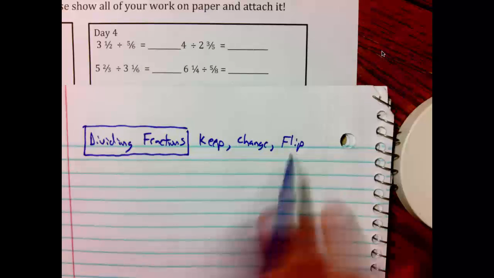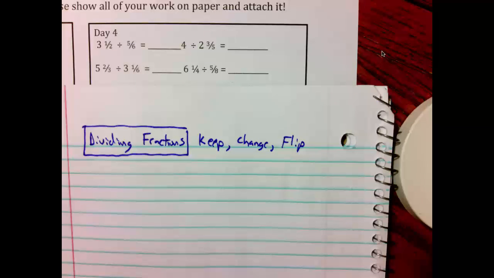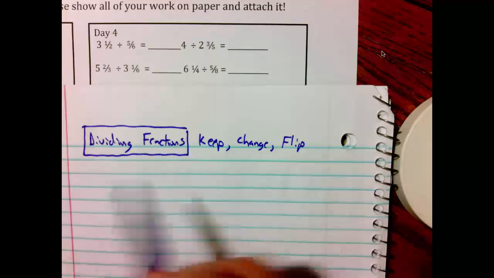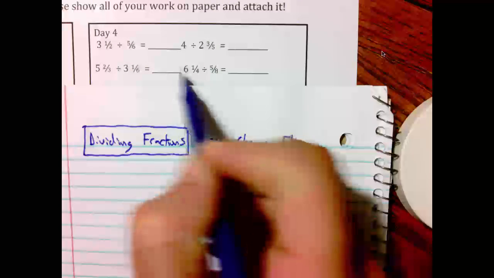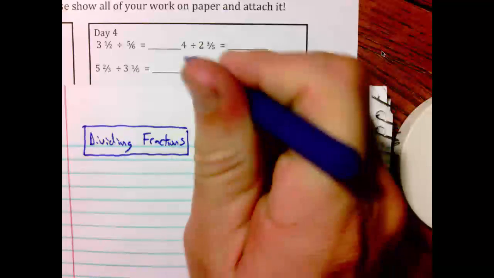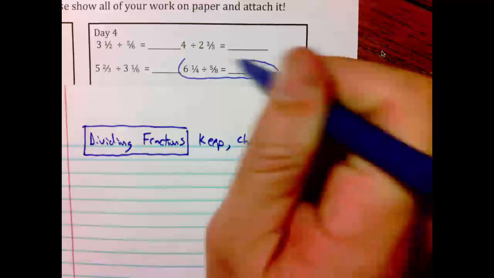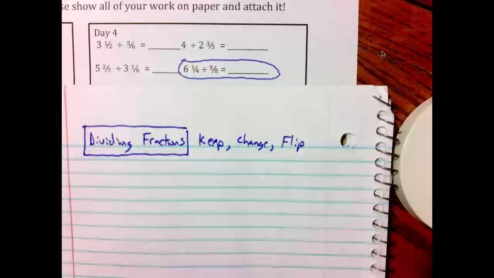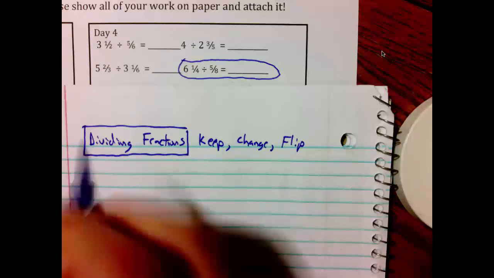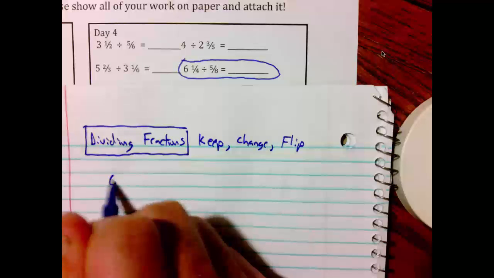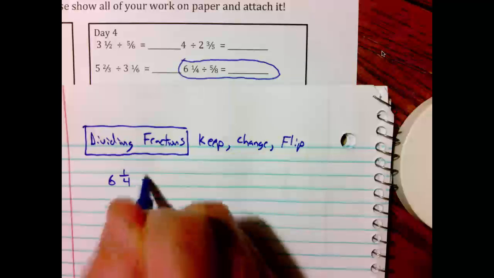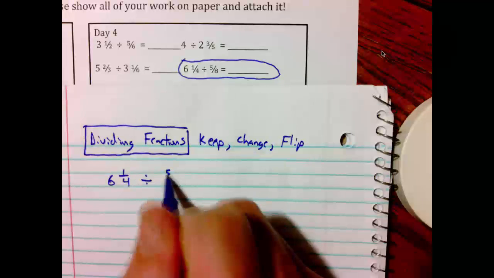For example, looking at problem number 6. Pardon me, the 4th problem here that involves the 6. I'm looking at this problem. All right, we have 6 1/4 divided by 5/8.